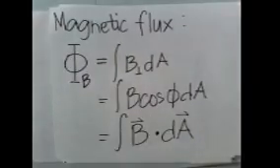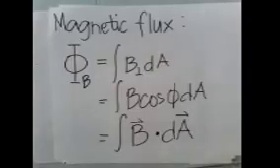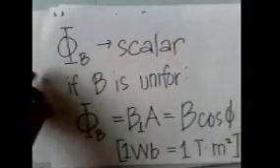Therefore, our magnetic flux is equal to the integral of B perpendicular dA, or B cosine phi dA, or B dot dA. So that is the magnetic flux. The magnetic flux is a scalar quantity.